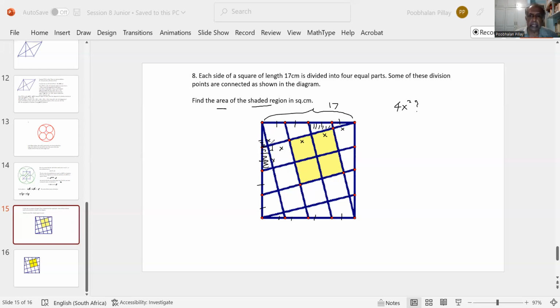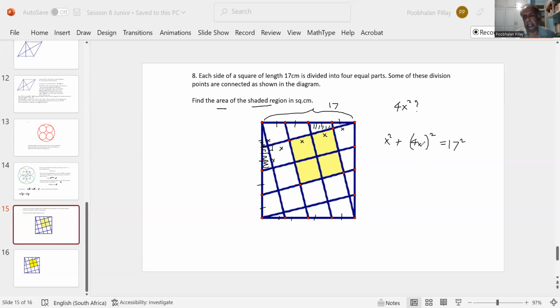And one side is x, and the other side is 4x. So if you use Pythagoras, you'll have that x squared, plus the other side squared, is equal to 17 squared. That's the hypotenuse of this triangle.